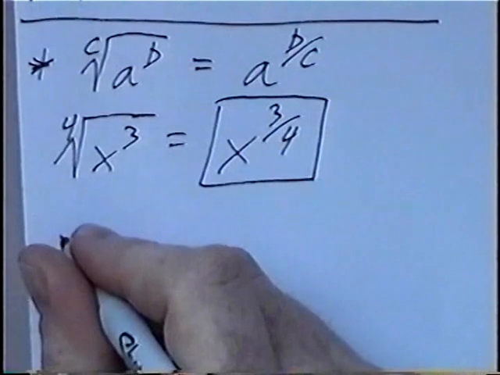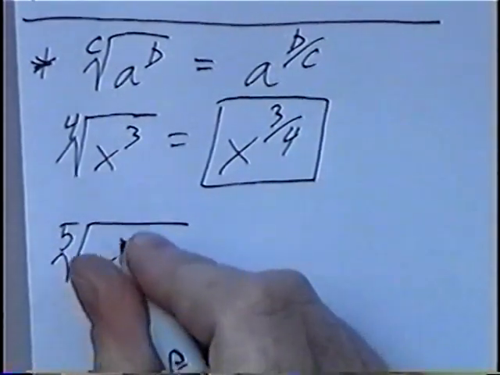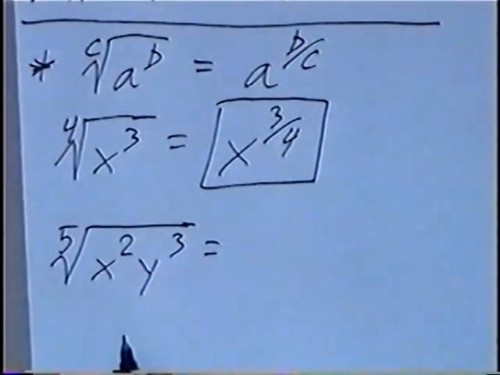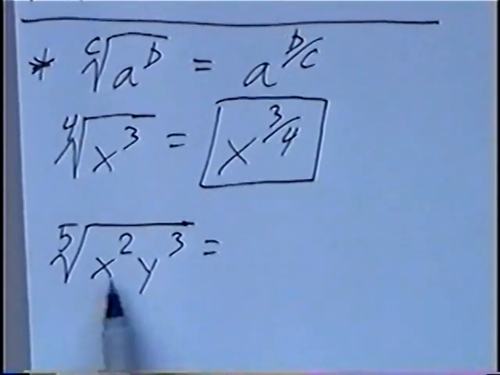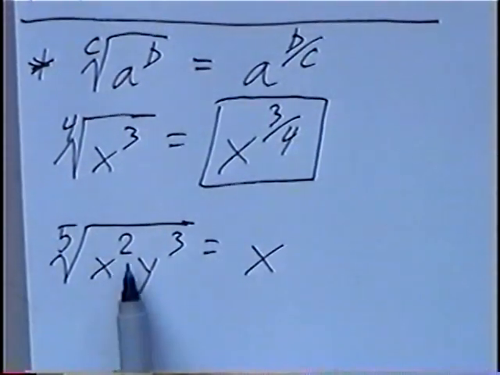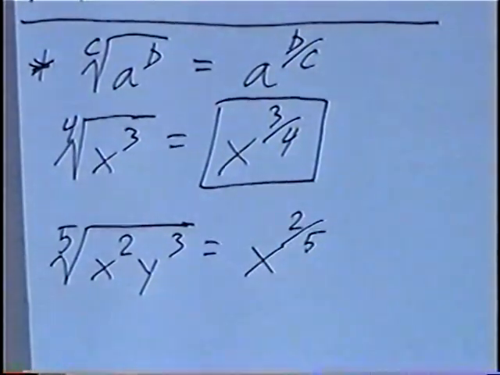Second question, the fifth root of x squared y cubed. And again, taking a radical form, we can switch it into exponential form. Since we have two variables, we can compute each separately. The x again would stay the same, and making a fractional exponent, we'll have 2 over 5 or 2/5.